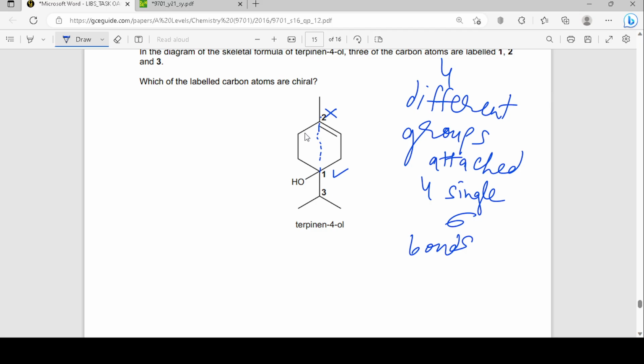Because here you have a double bond, you don't have a double bond on this side. Obviously you don't, because otherwise the carbon would have 5 bonds, which is not possible. This is not a symmetrical molecule about this line of symmetry that I've drawn. There's this group attached, and this group, and that group, and this group. There are 4 different groups attached to this carbon atom, which is labeled 1, so that's definitely a chiral carbon atom.